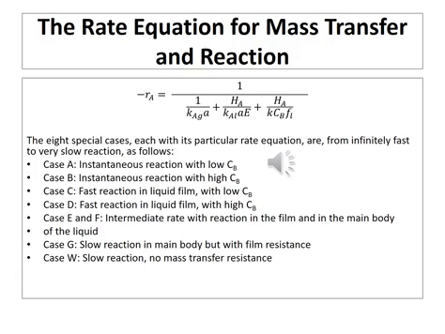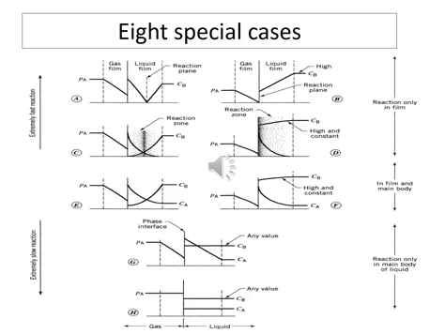These cases move from a very fast reaction that takes place in a plane to a very slow reaction that takes place in the bulk liquid. These 8 special cases are summarized by this graph. In special case A, we have a reaction taking place in the liquid film. As we said earlier, the reaction only takes place in the liquid film, and the reaction takes place in a plane.